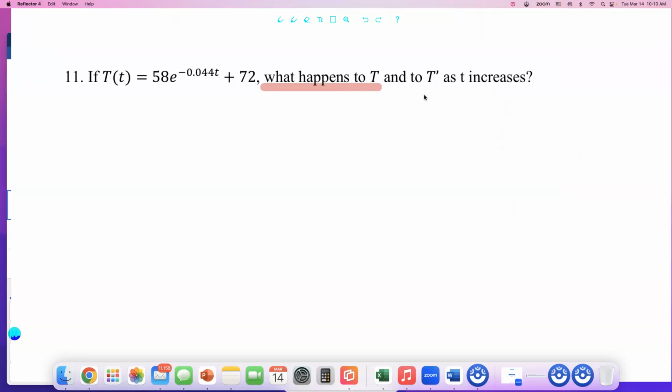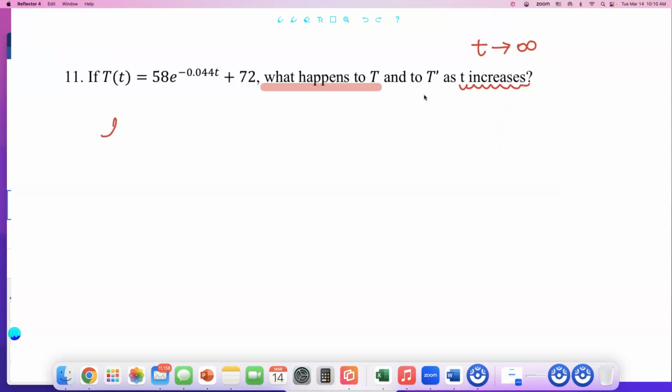So I'll do this by, because look, when they say t increases, I'm going to say little t is going to increase. Like how big? Like 1,000, million? Oh no, infinity. I'm going to just make it go to infinity, okay?